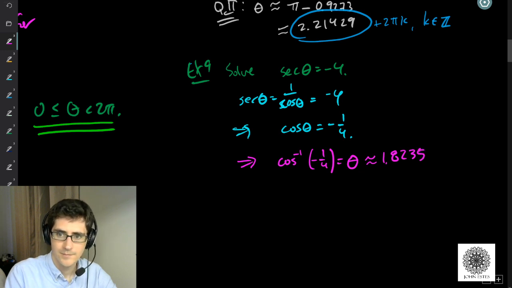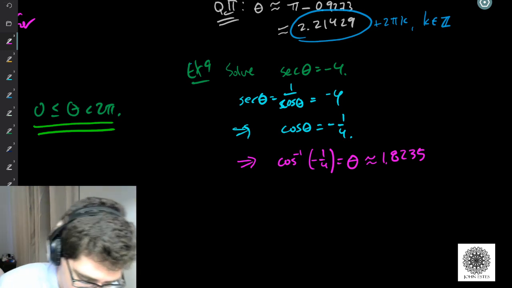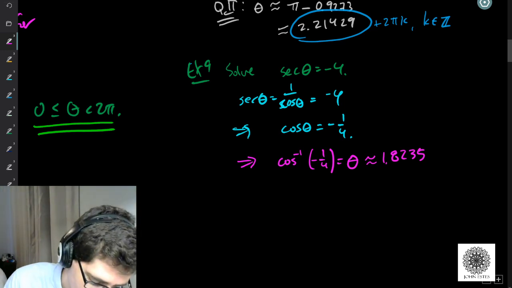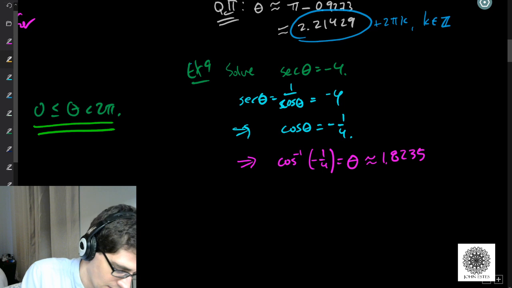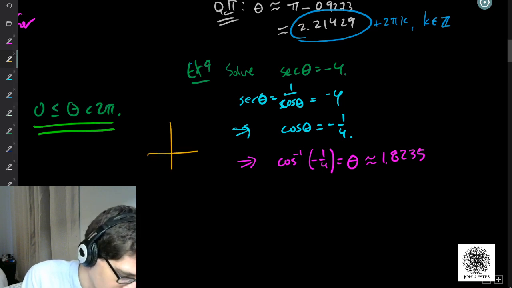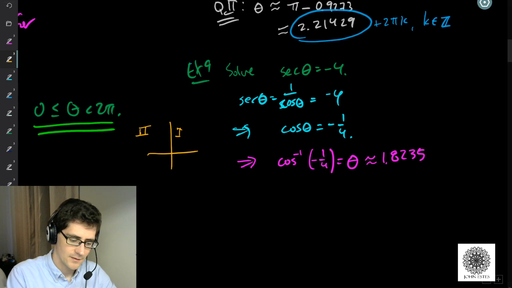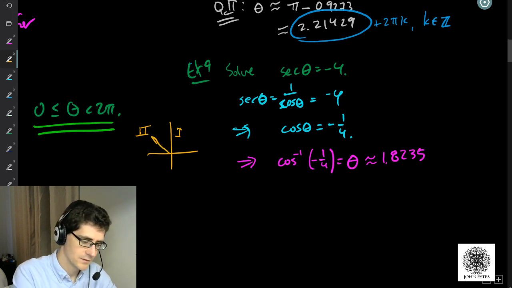Okay, now what quadrant is this in? We could convert it back to degrees to figure it out, but we remember cosine inverse only comes from quadrants 1 and 2. So if I have a negative cosine value, that's going to be my quadrant 2 angle. So this is what we have found so far.